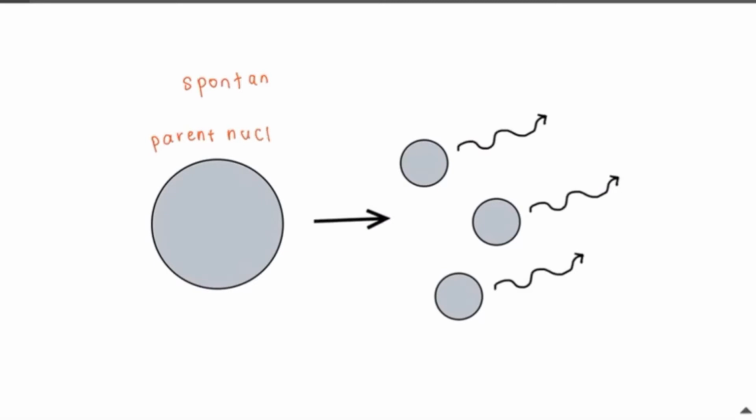The parent nuclide is unstable, so it will undergo a decaying process to become more stable. After it has decayed, it will produce the daughter nuclide, or in other terms, a more stable nucleus.